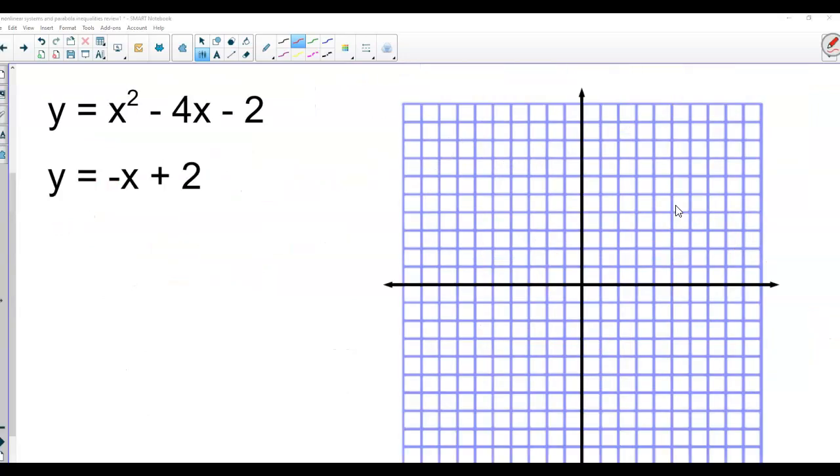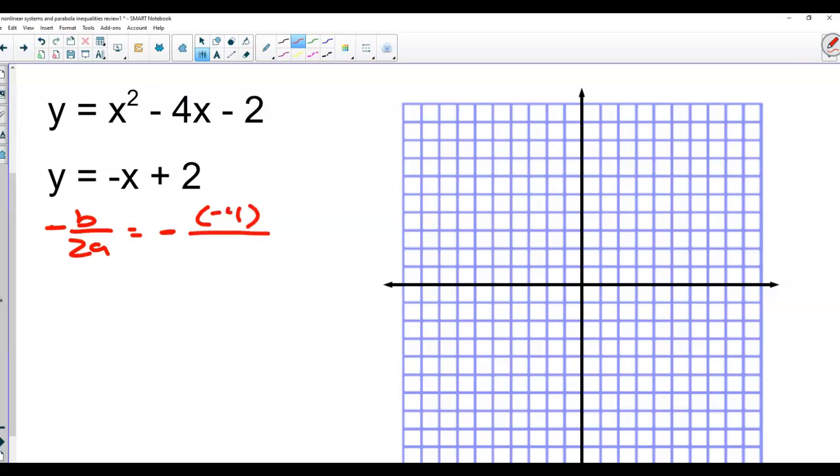We're going to graph the parabola that's going to be x squared minus 4x minus 2. Once again, negative b over 2a.